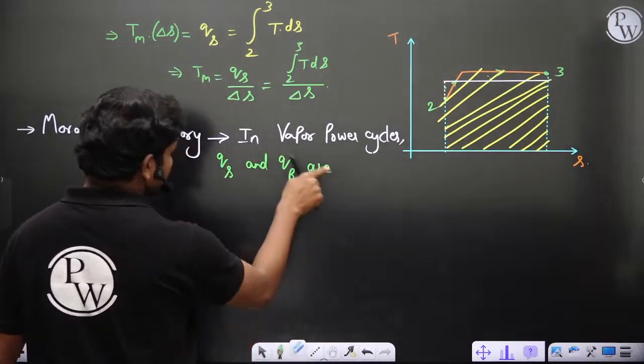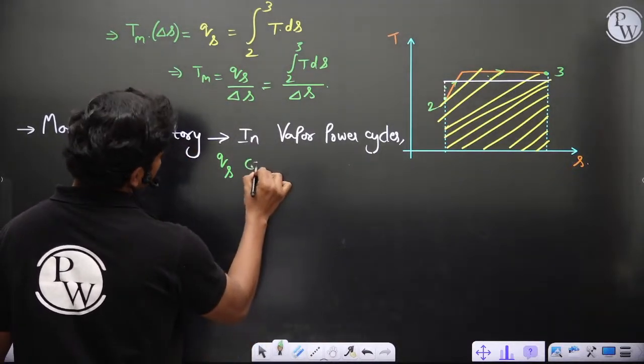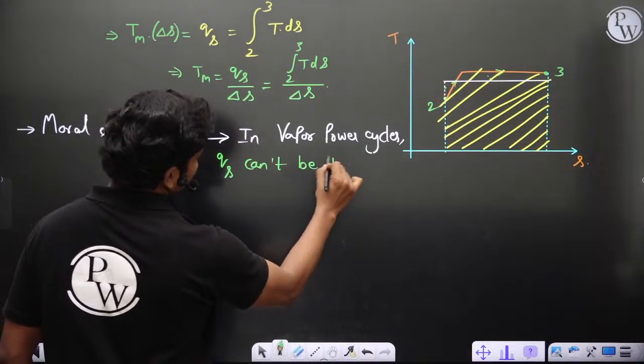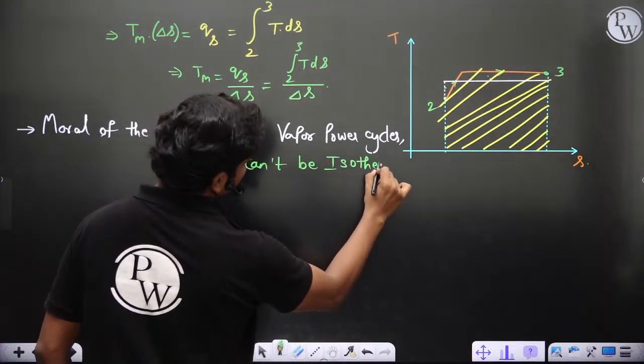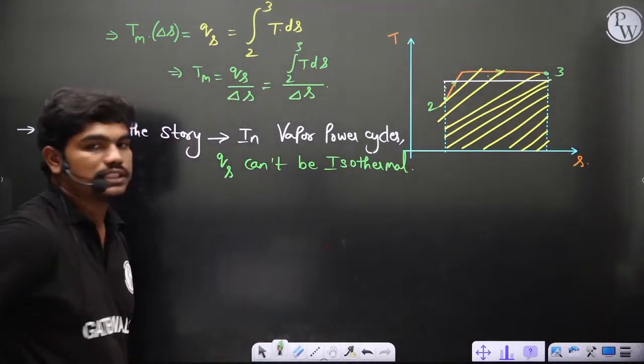I mean, heat rejection can be, but heat addition can't be isothermal. So this is the moral of the story actually.